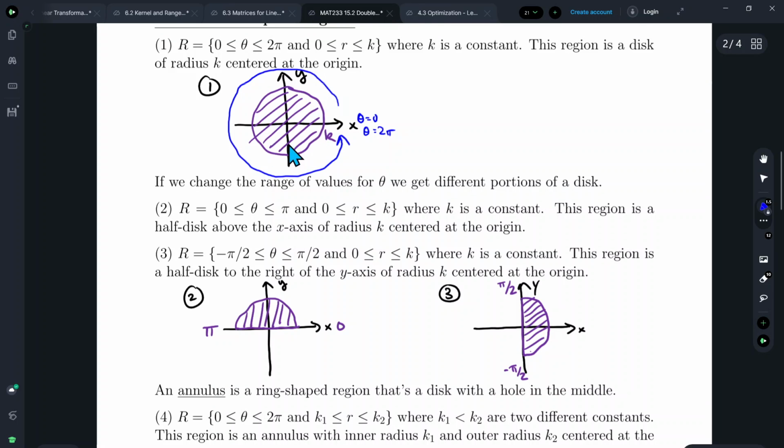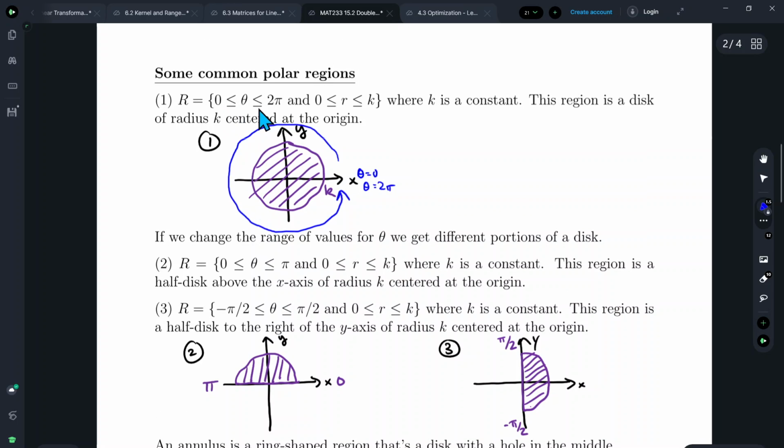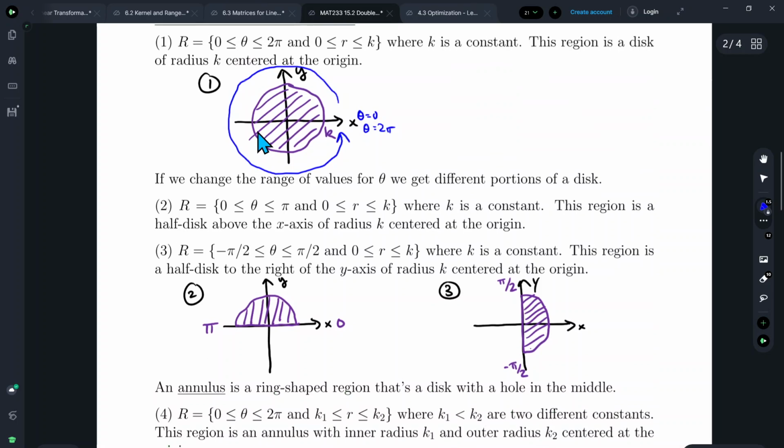So this is the disk centered at the origin. In the case where we don't want the entire disk, but say half a disk or a quarter disk, what we need to do is just change the range of values for the angle theta. In the case where theta goes between 0 and pi, theta equals 0 is the positive x-axis, pi is the negative x-axis, so rotating around here you get the top half of the disk.